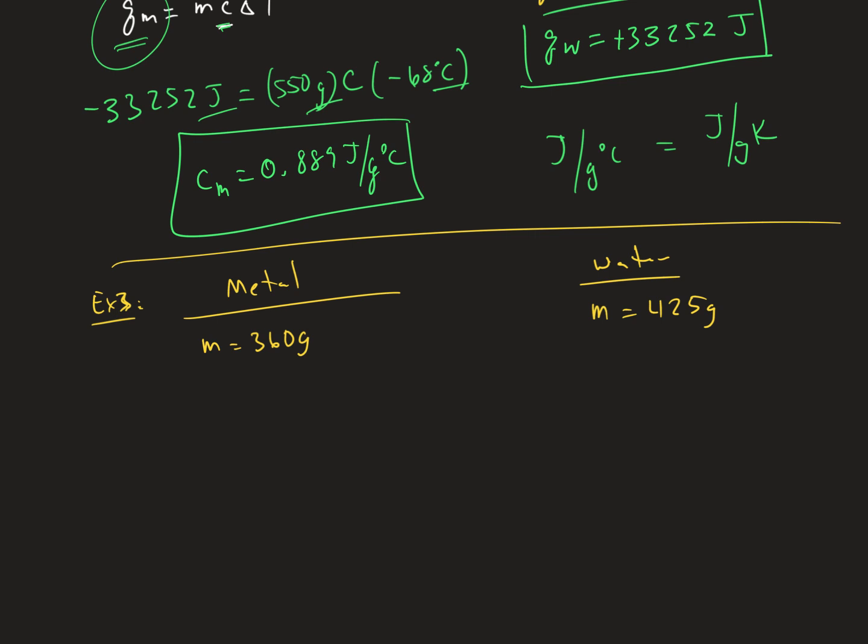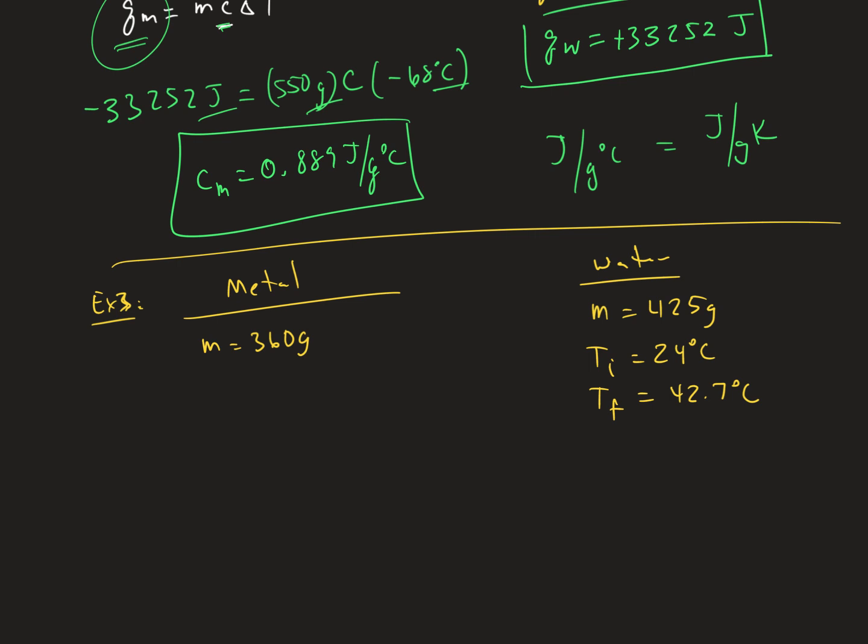Okay, so the initial temperature of the water is 24 degrees Celsius. And the final temperature of the water is, again, 42.7 degrees Celsius. It doesn't have to be that, guys. Whoever made these problems. What?